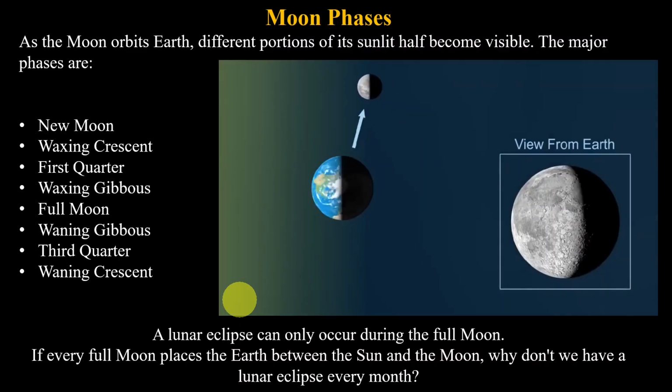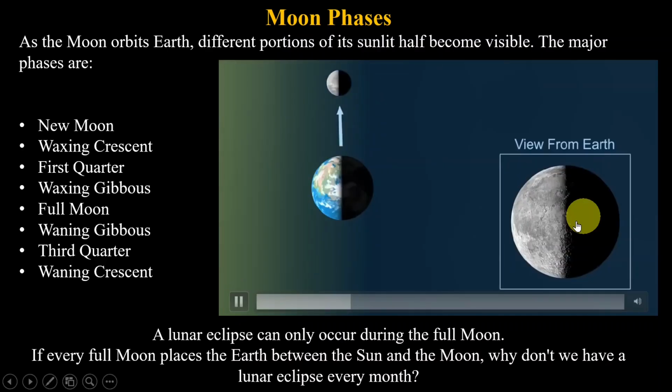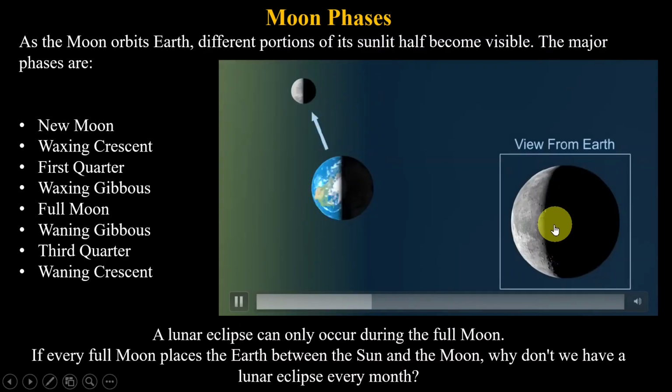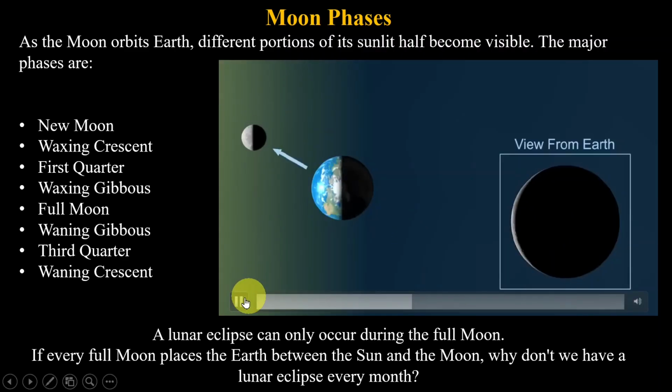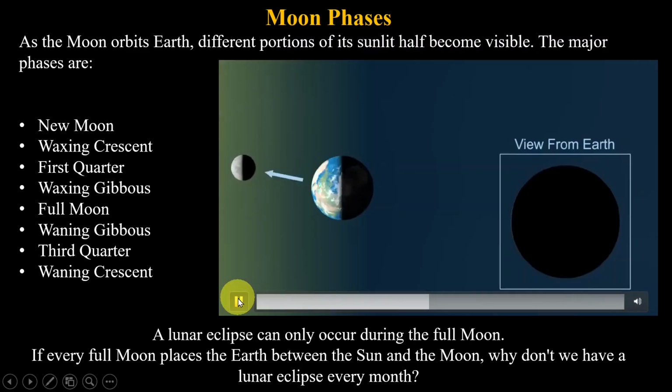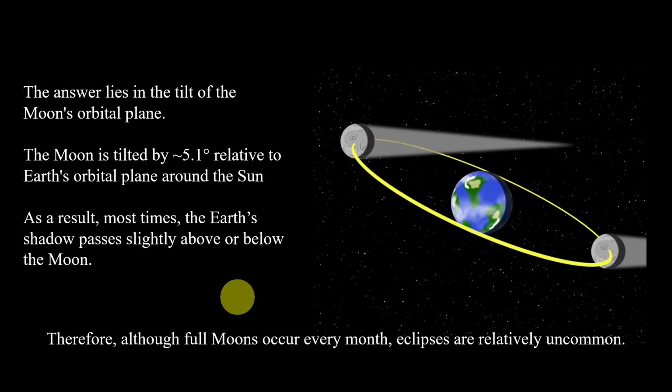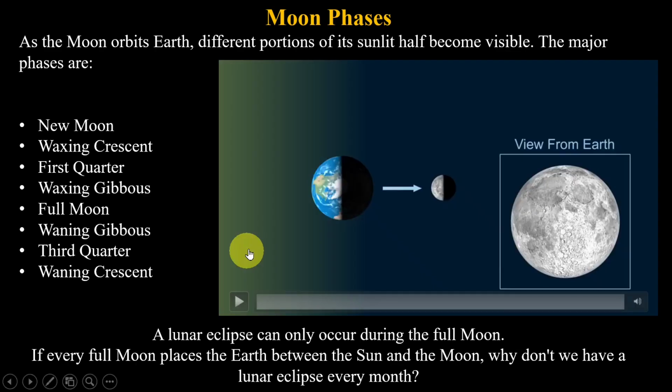Then we have the waning crescent, and it goes back to the new moon phase. This happens every month.